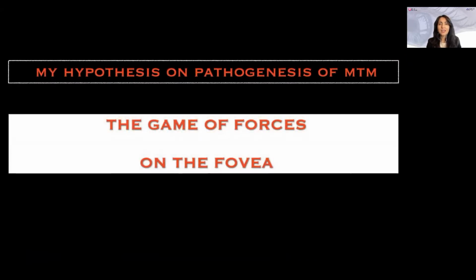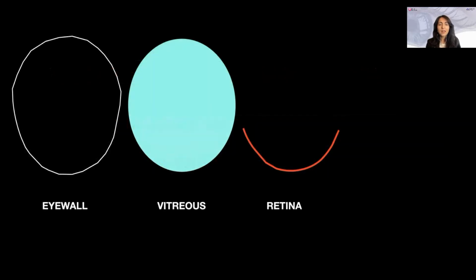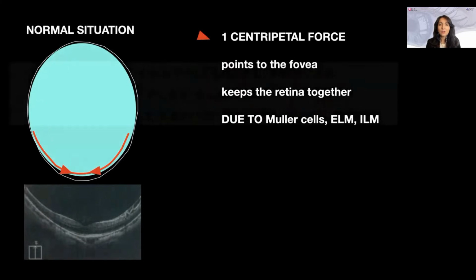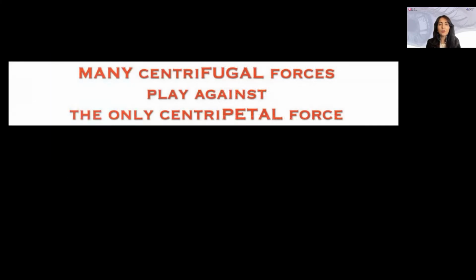I think pathogenesis is based on the game of forces. If this is the eye wall, the vitreous and the retina, in a normal situation, you have centripetal forces that point to the fovea and keep the retina together. These forces are due to a combination of the action of Mueller cells, external limiting membrane and internal limiting membrane, and they hold the retina in a normal profile.